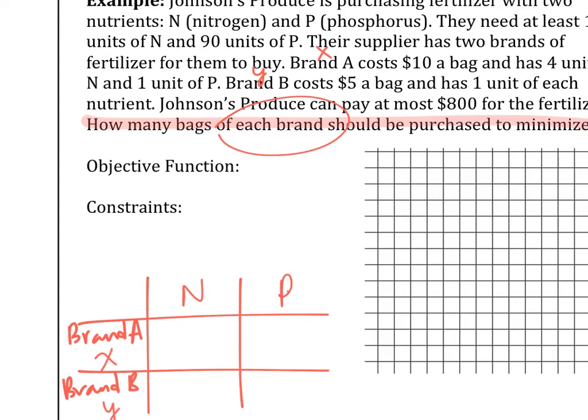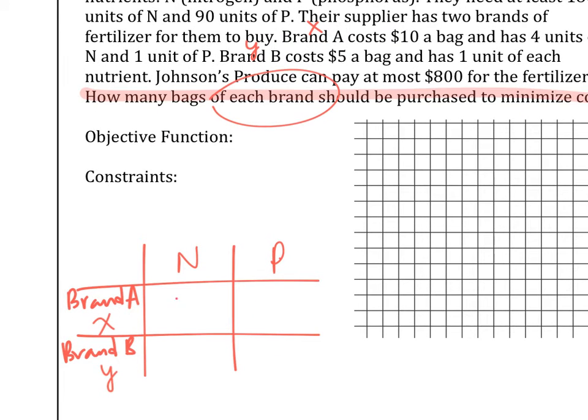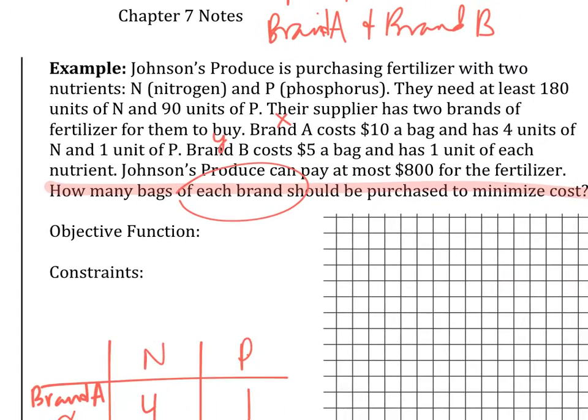Okay, if you buy 1 bag of brand A, how much nitrogen do you get? 4. If you buy 1 bag of brand A, how much phosphorus do you get? 1. Okay, so that's in the question itself.